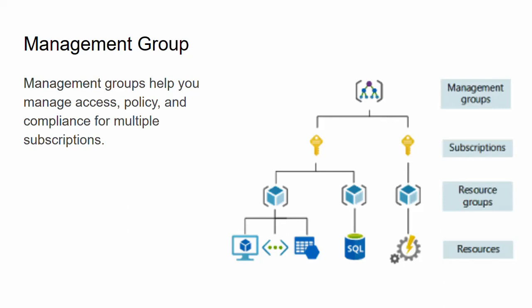But in an enterprise, different groups and departments may have different payment channels, different credit cards, different accounts. A subscription pretty much maps to those payments. And on top of each payment, there could be multiple groups and departments, and departments may report to the same hierarchy. So the management group is used to reflect this.